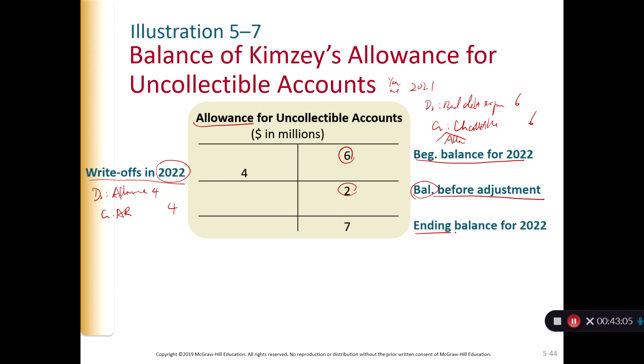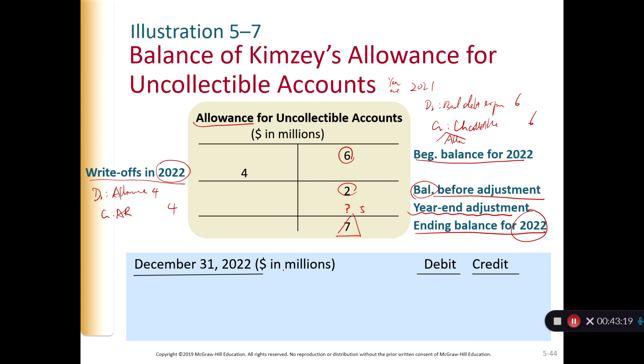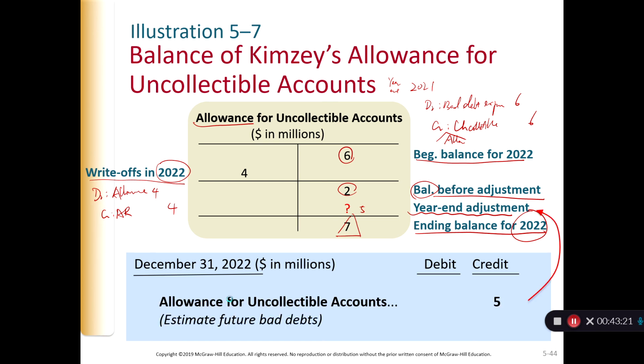However, using the aging method, we know at the end of 2022 we should have 7 million. Hence, to record a year-end adjustment, we need 5, right? So we will credit 5 million here and debit bad debt expense for only 5 million.